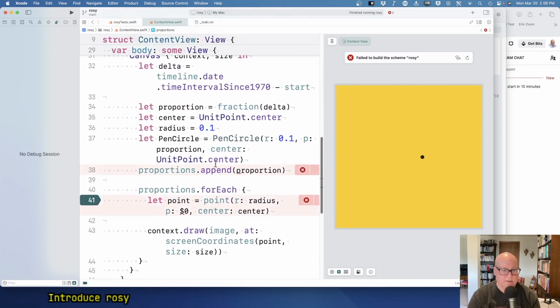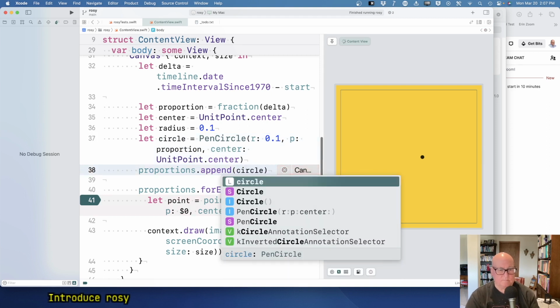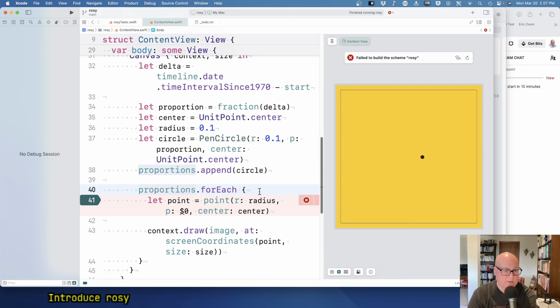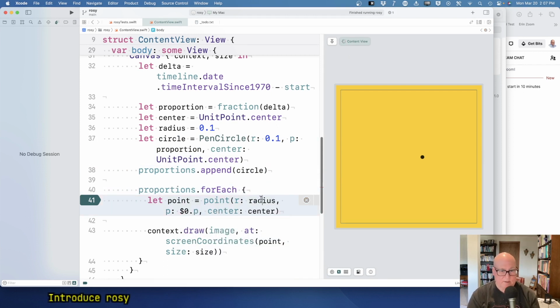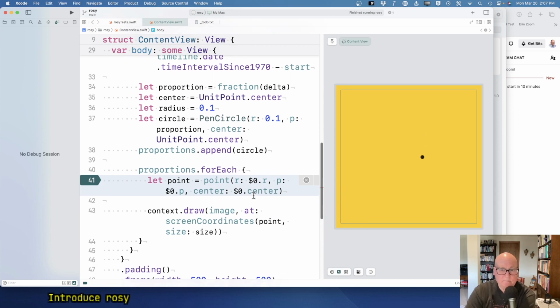Okay, and then here, proportions for each. Now this is $0.P, $0.R, and $0.center. There he goes. Okay.